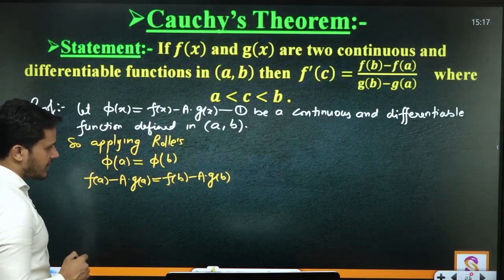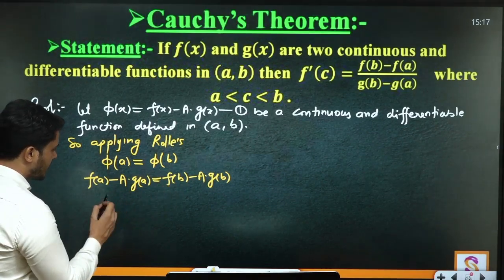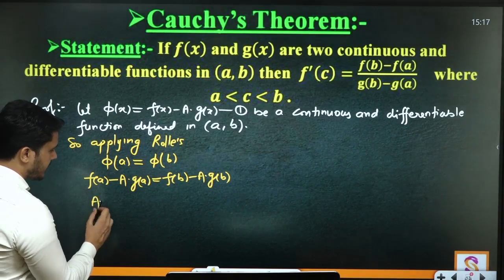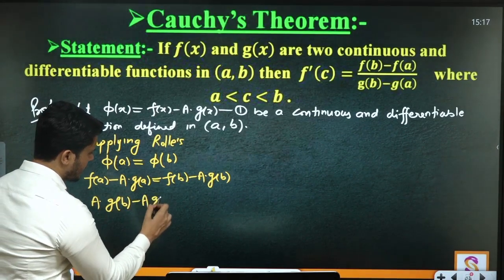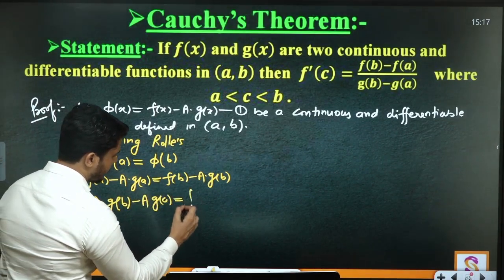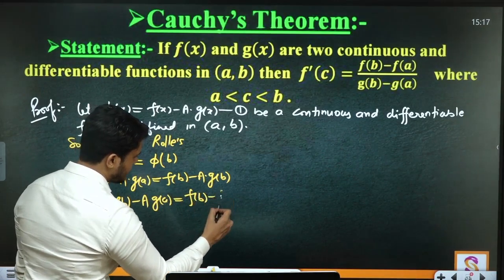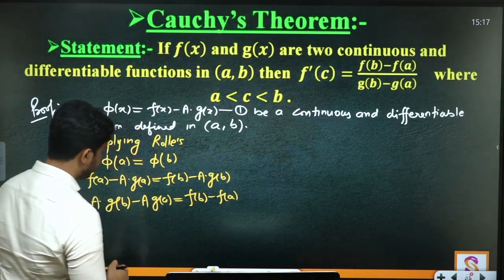Now the terms of capital A, one side करो तो इसे लिख सकते हैं A into gb minus A into ga is equal to fb minus fa.